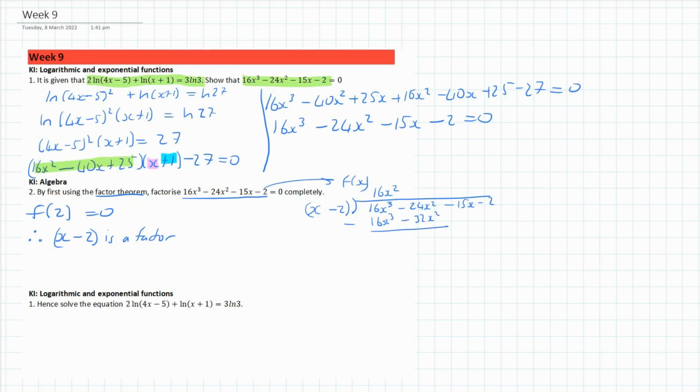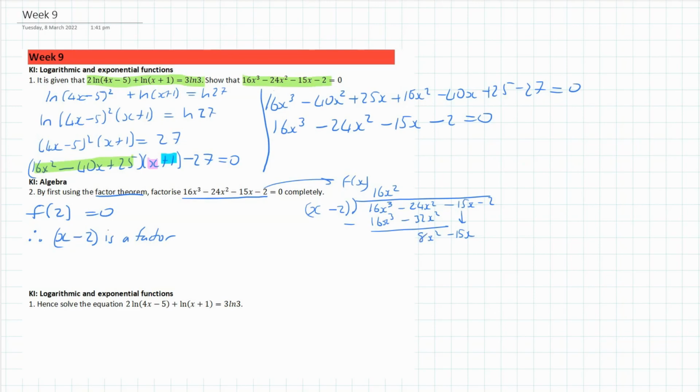I'm going to subtract that, and I end up with positive 8x squared. I'm bringing this minus 15x down. Sorry, that's not 6x, it's 8x squared, isn't it? I'll just fix that up.